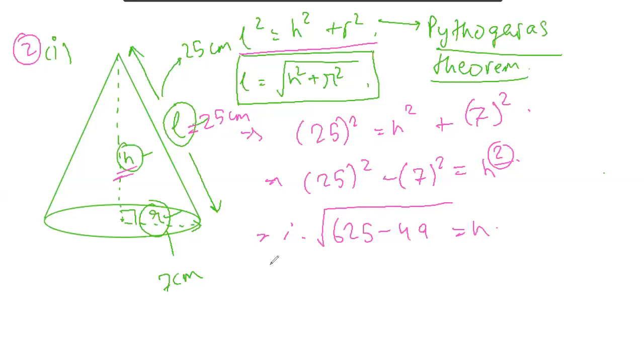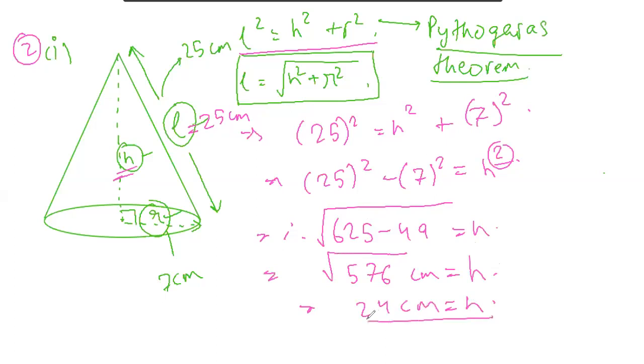So this answer will be root 576 centimeter is equal to h, which will be equal to 24 centimeters. So this will be our h, and then finally with the help of h we will be solving the volume.